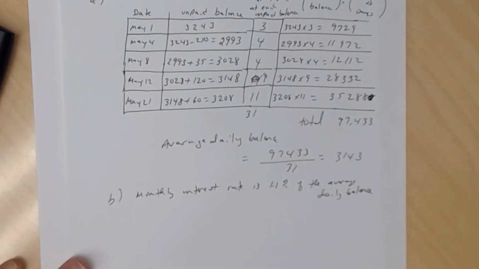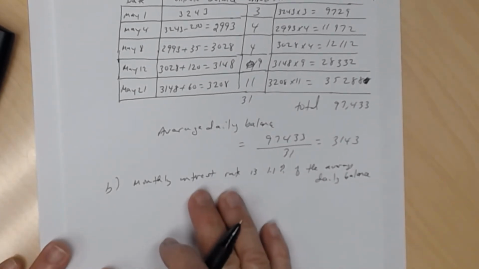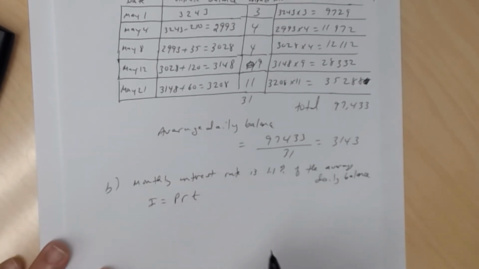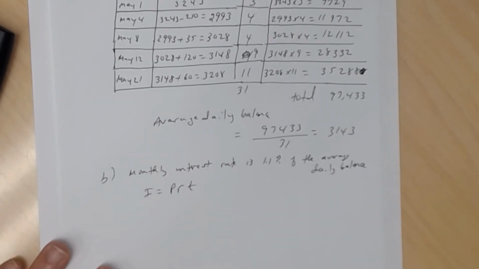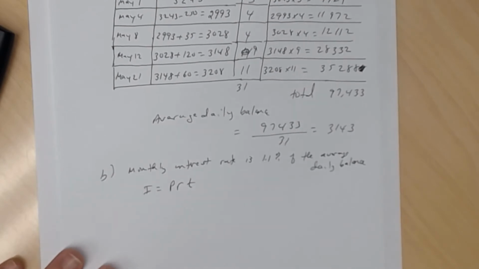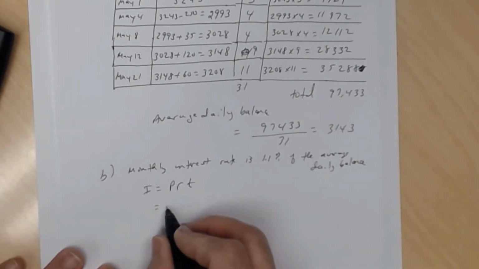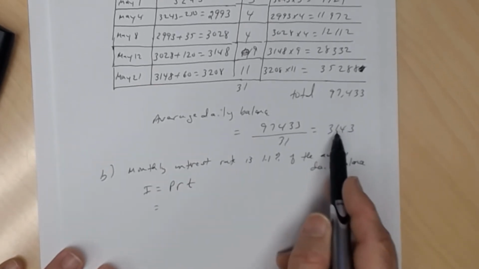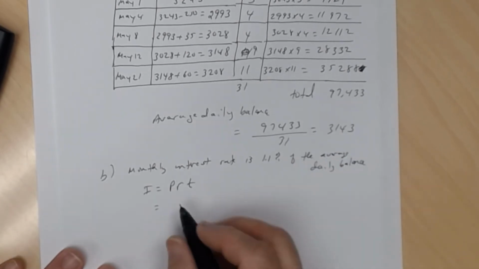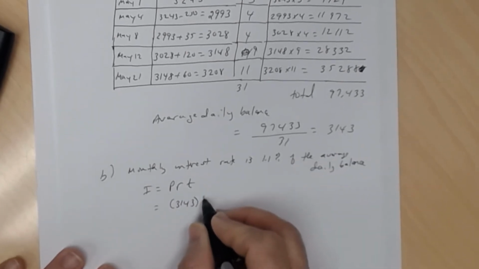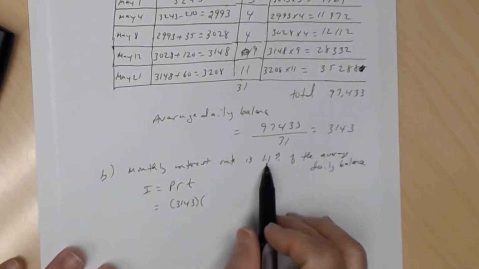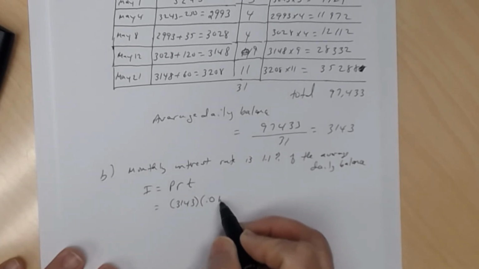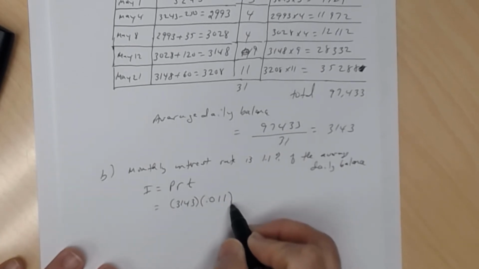So the interest due, we're going to use the simple interest formula. Interest equals principal times rate times time. The interest will be the average daily balance as the principal, so that amount is your P, times the rate, 0.011, times the time.